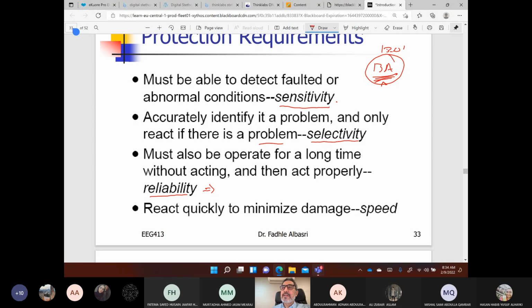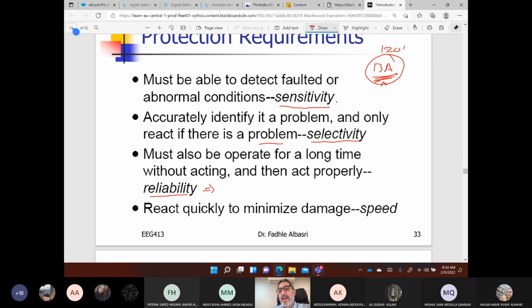Is it 90%, 80%, 88%? What do you think, Shabab? It should be above 90. Above 90. It is 99.99. It's very reliable because you always want to detect the fault that is a damaging fault, and we want to make it as high reliability as possible.